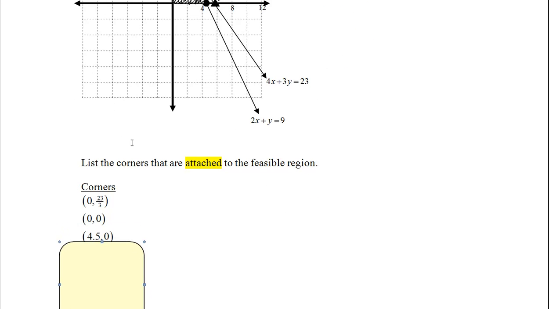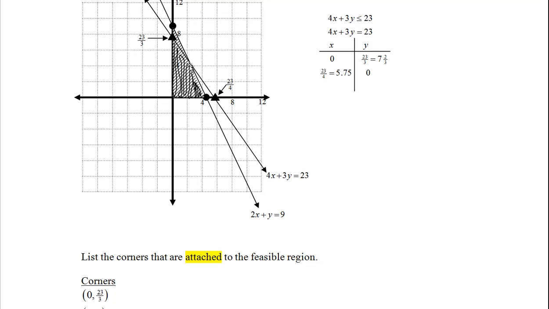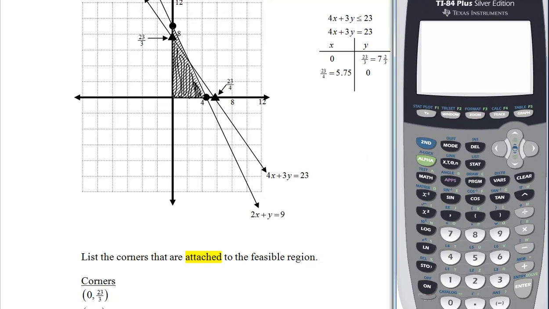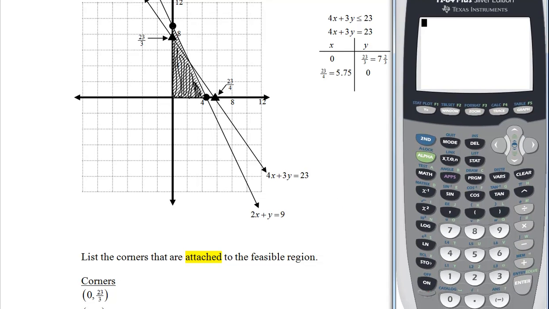I usually get the ones that are on the axes. Now this one, that is up in the guts of the quadrant, well, this is why I ask you to list or indicate what your boundary lines are. And this is why we did what we did in the very first chapter. I've got two equations. They hit to form a point.